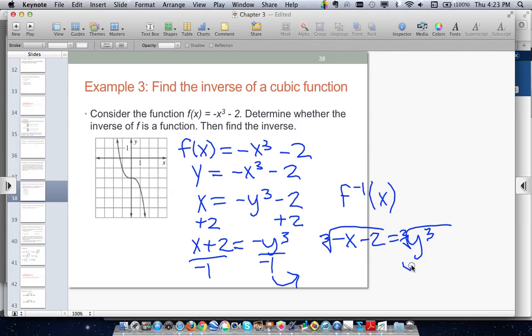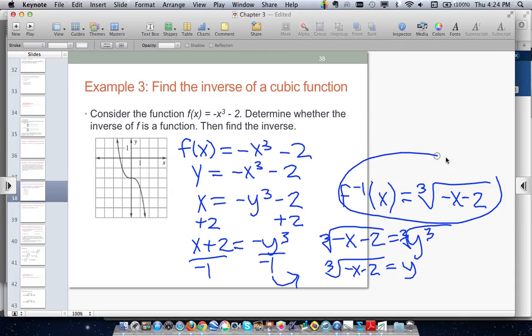So now we have y by itself, and it's equal to the cube root of -x minus 2. And then we rewrite this in function notation. So we have f inverse of x is equal to the cube root of -x minus 2. So that is the function of the inverse of the cubic function.